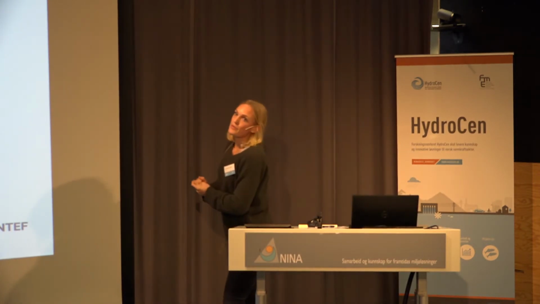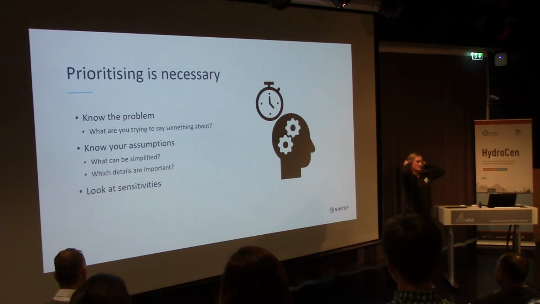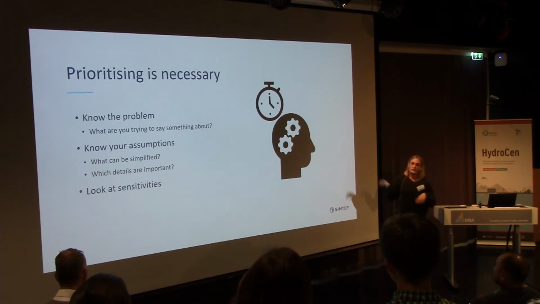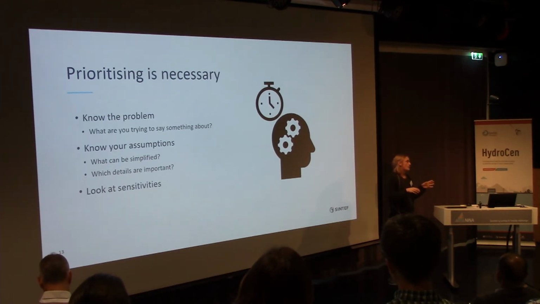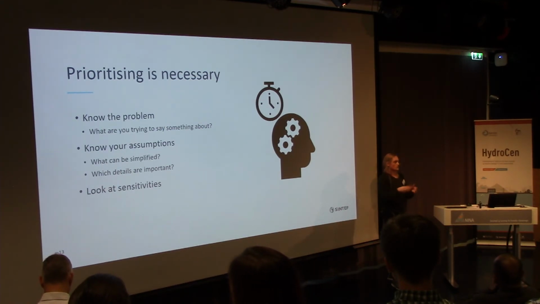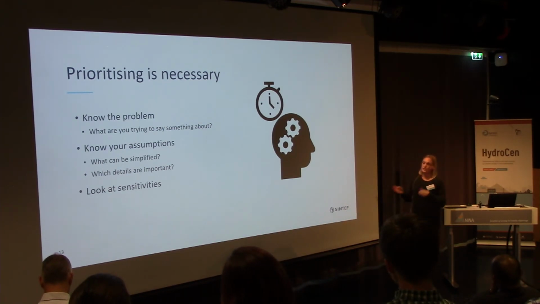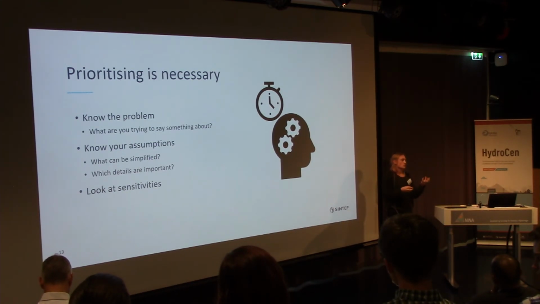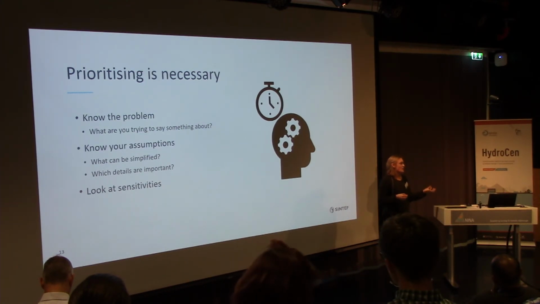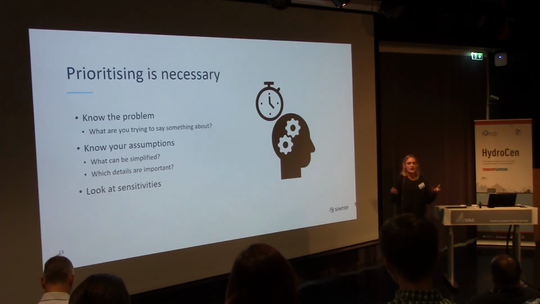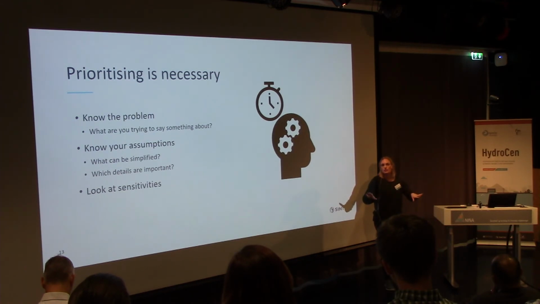So to sum up or conclude in a way, production planning is quite complex because there are so many things that you need to consider. But what's really important is that you need to prioritize what you consider and when you consider the different things. So you need to know your problem, you need to know what you're trying to model and what you should use this model for. And then you need to know your assumptions: what am I including in my modeling, but also what am I excluding?